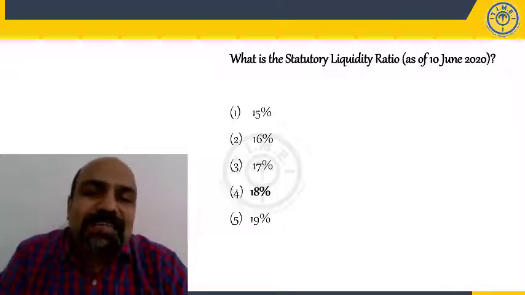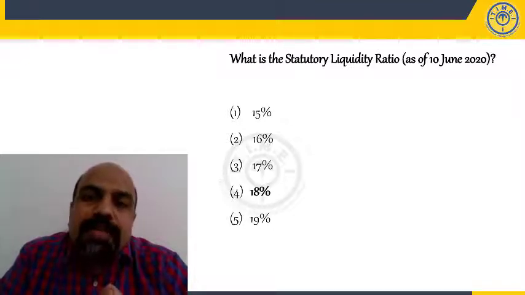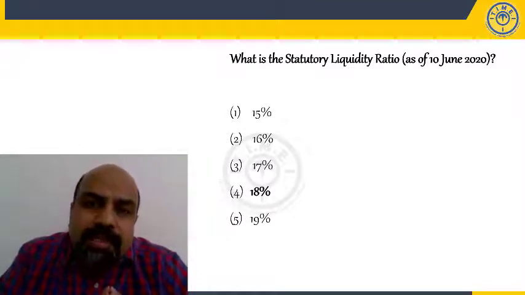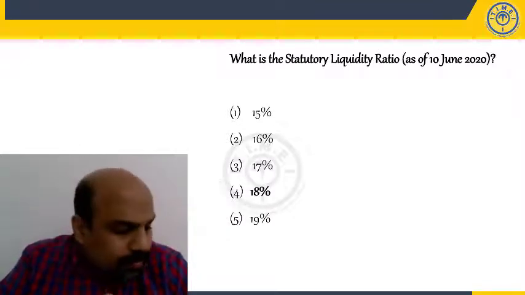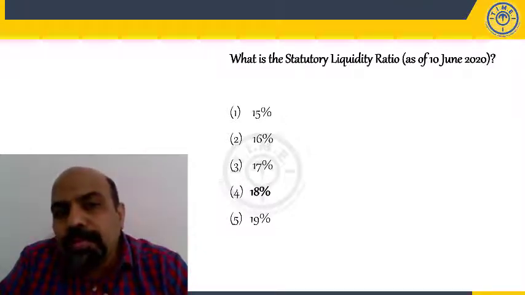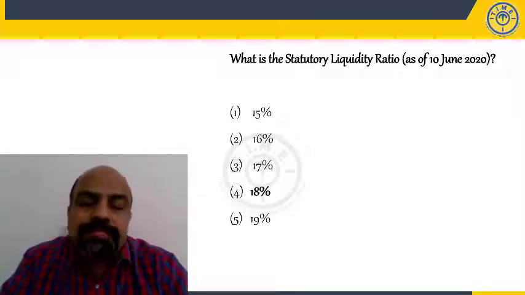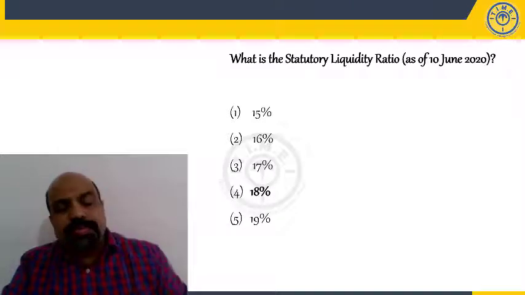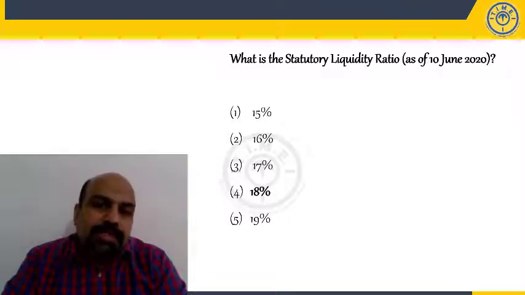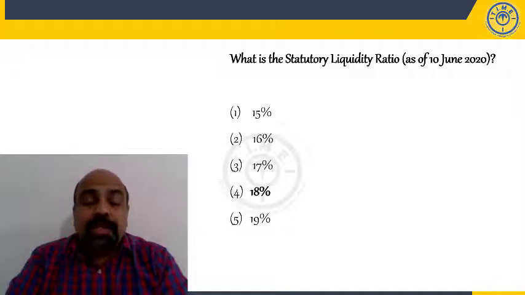All commercial banks must keep a certain percentage of their total time and demand liabilities invested in highly liquid assets like gold and government securities. These are very liquid.